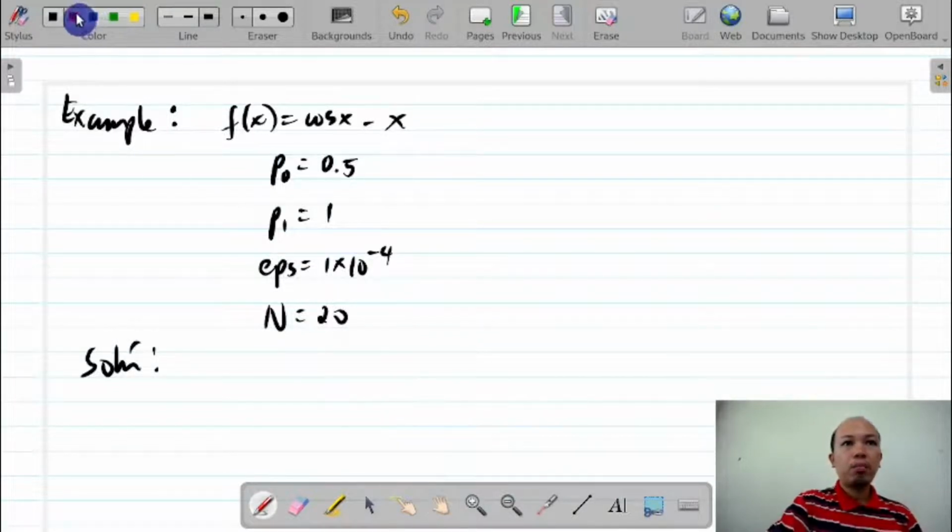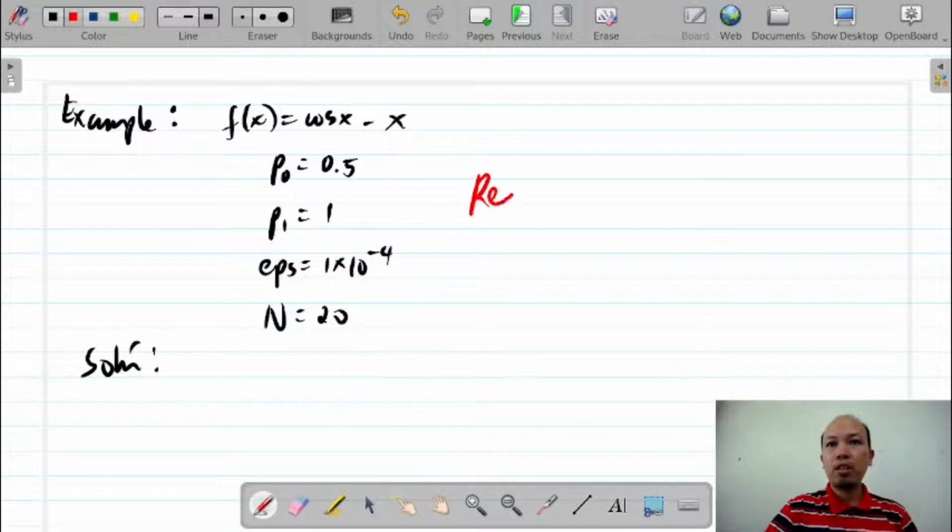Let me put here a recall of the formula for the second method.